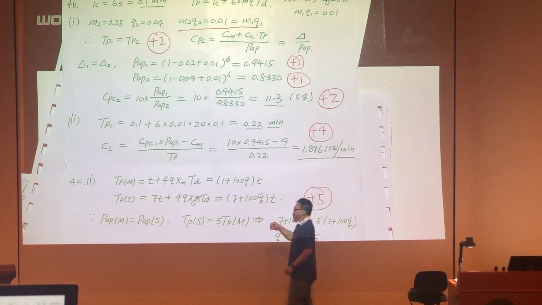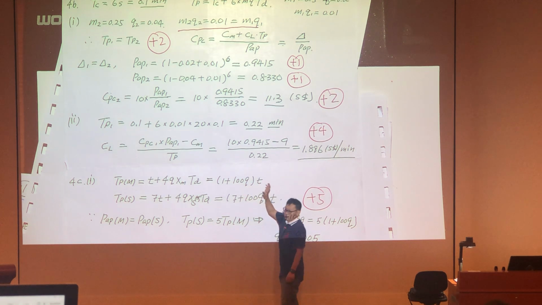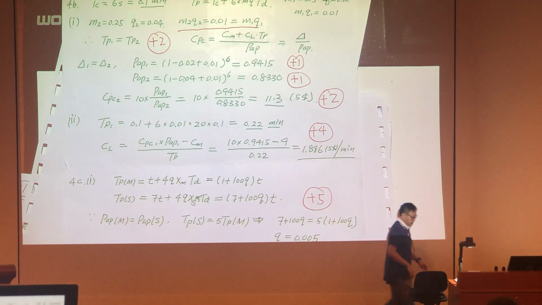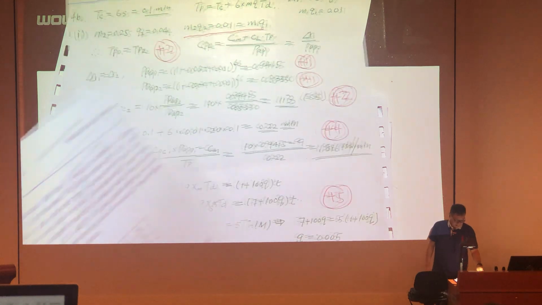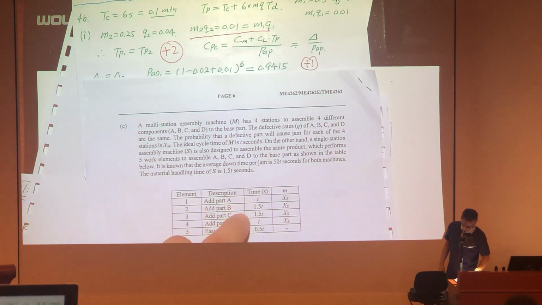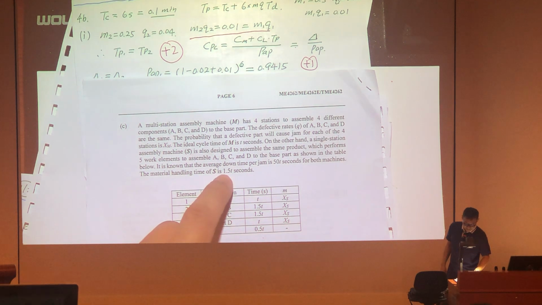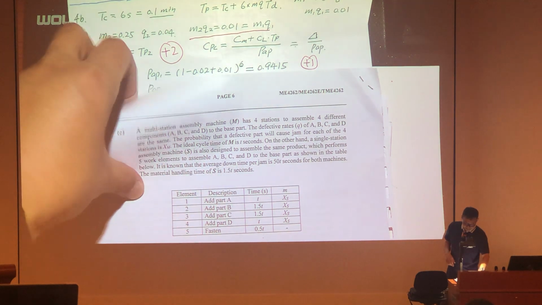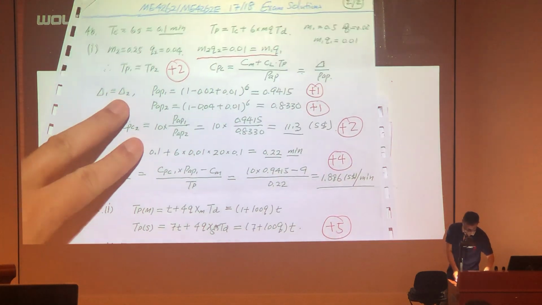And for single station, you need to sum up the T: 1.5, 1.5, 3, 4, 5, 5.5, then plus 1.5. 70 is the TC for single station. So you got 70.